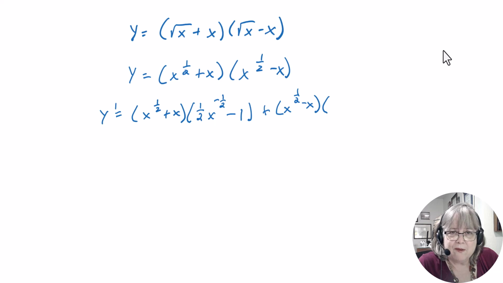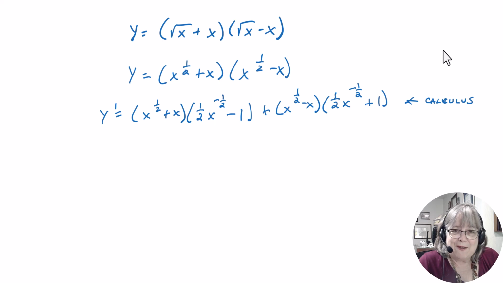So the derivative of x to the 1/2 is 1/2. Bring the power down, leave the x alone, take 1 off the power. 1/2 minus 1 is -1/2. Plus the derivative of x is 1. So this is the calculus line. And now we do cleanup.